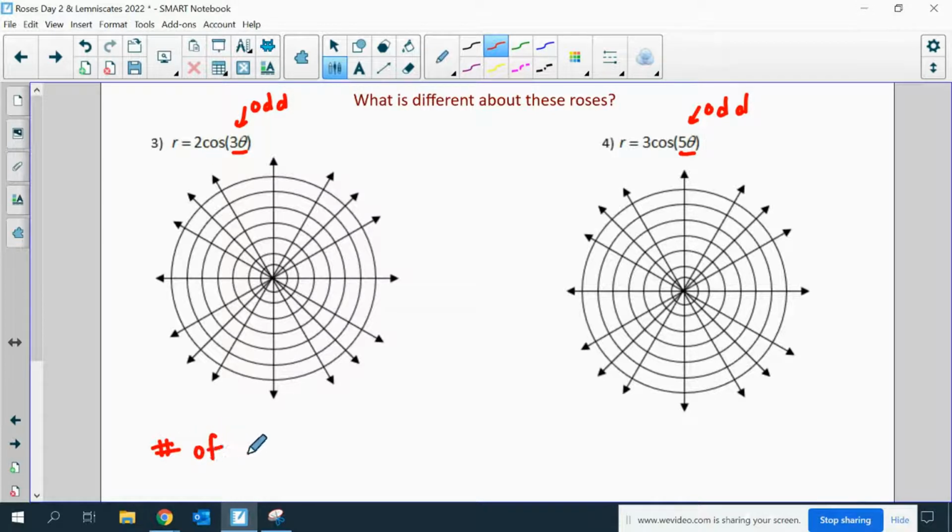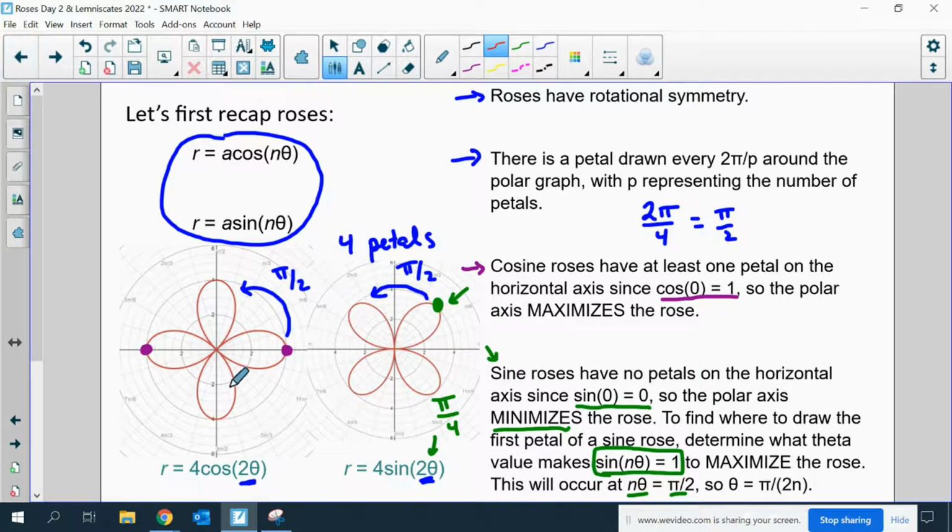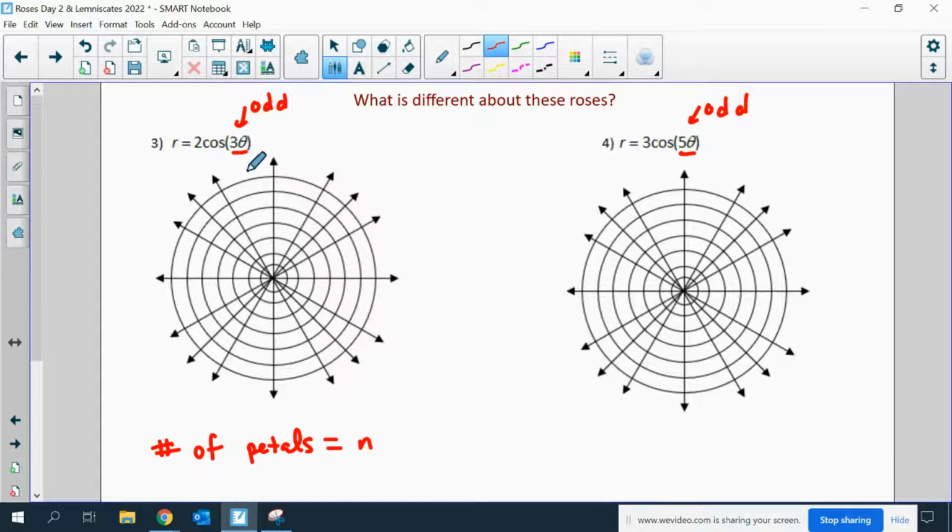The number of petals on the graph is going to be equal to n instead of equal to 2 times n. So when we had an even number on the inside, we multiplied that by 2 to get the number of petals. When we have an odd number on the inside, the number of petals is actually equal to n.